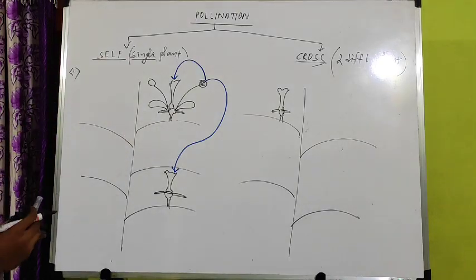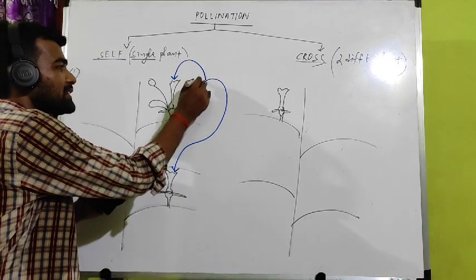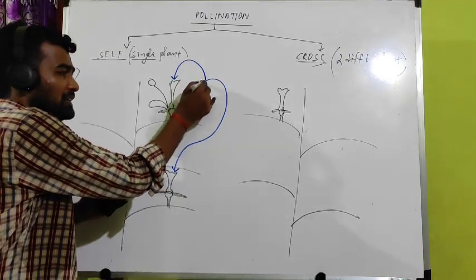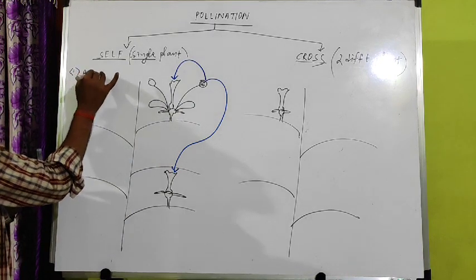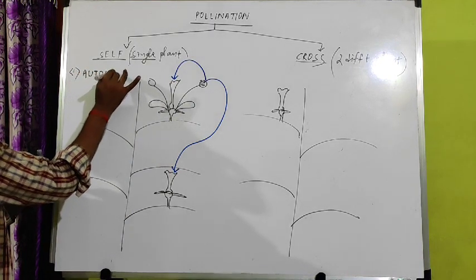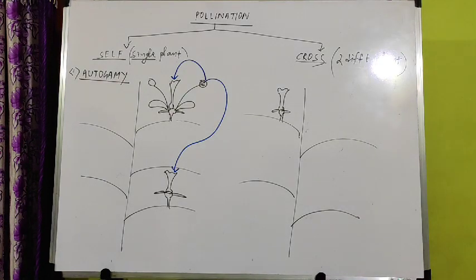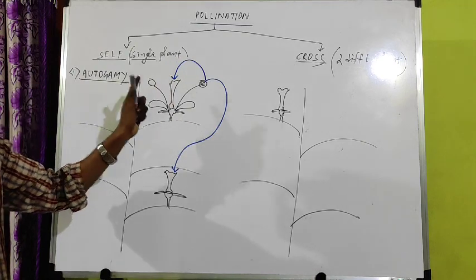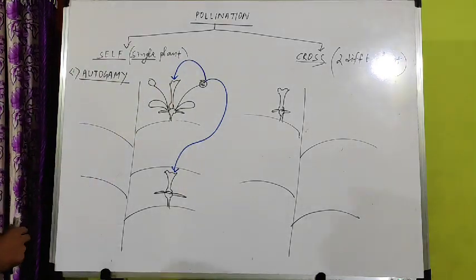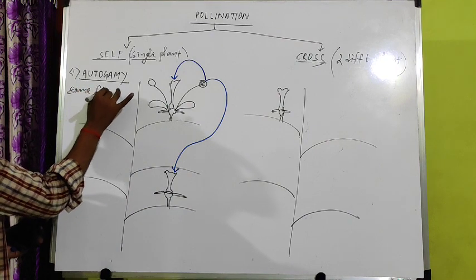First, in the first type of self-pollination, pollen grains released by the anther reach the stigma of the same flower. This type of self-pollination is called autogamy. A direct question comes, 1 mark question, very important. What is autogamy? Transfer of pollen grain from anther to stigma of the same flower.